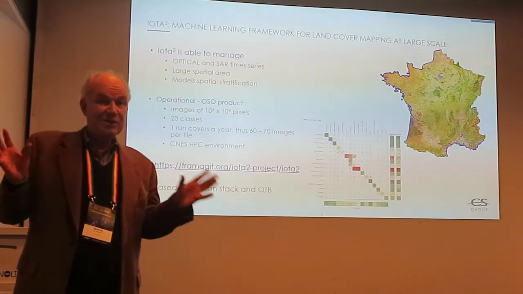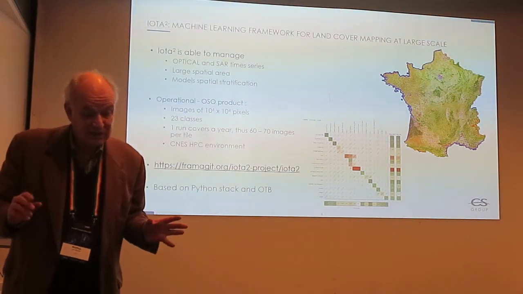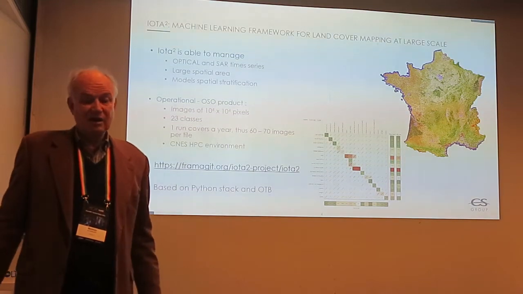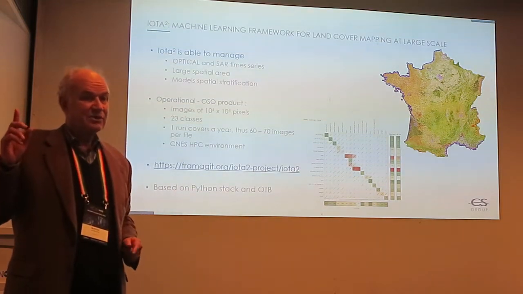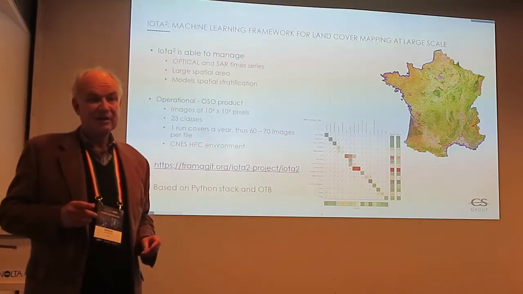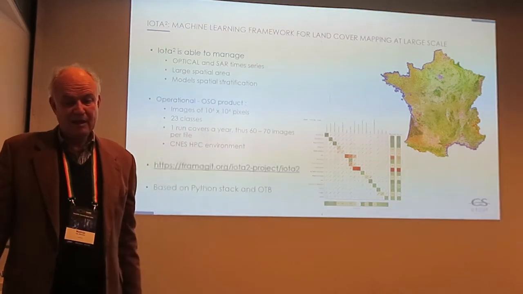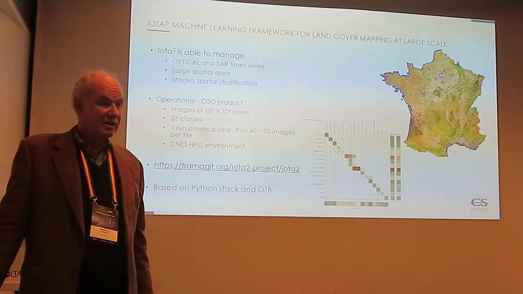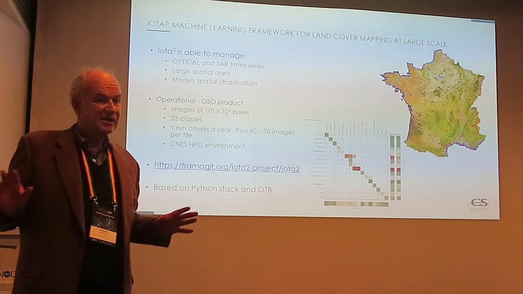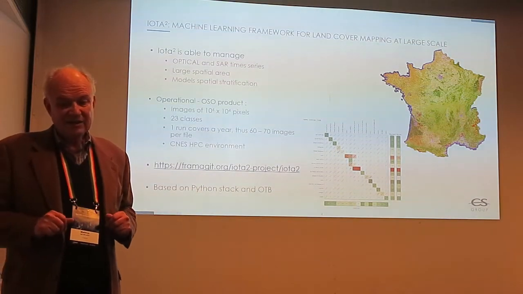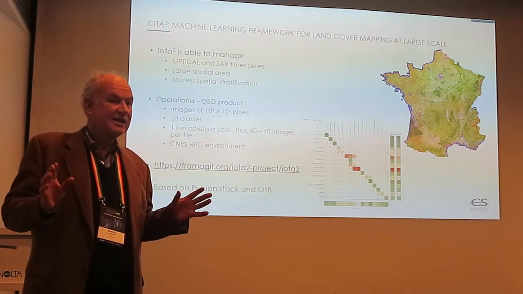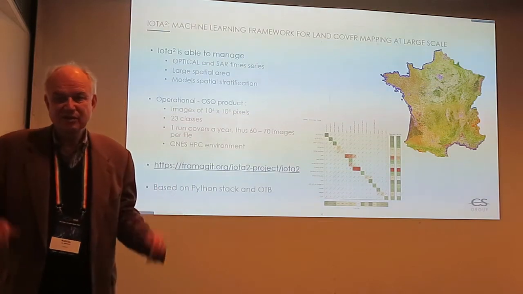The typical images are 10,000 by 10,000 pixels, with 23 classes. One run covers the whole year, typically 60 to 70 images per tile, and around 100 tiles over the country.